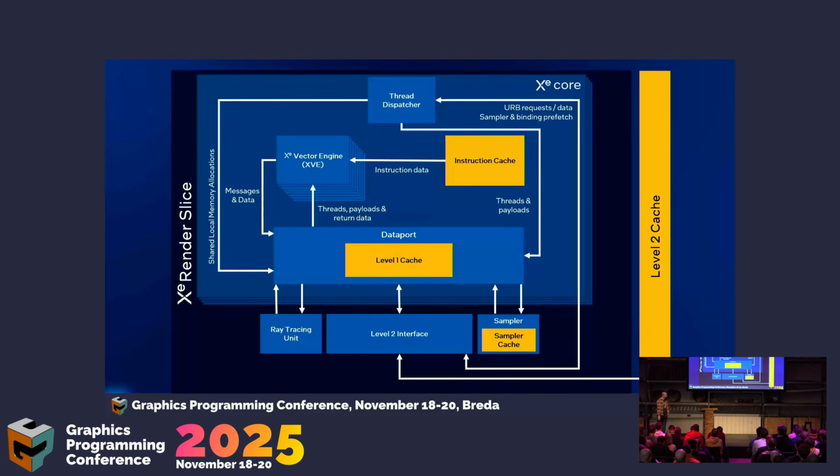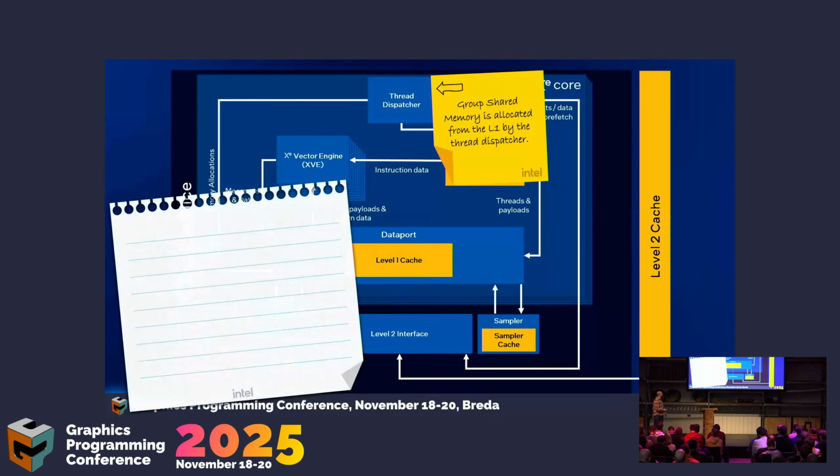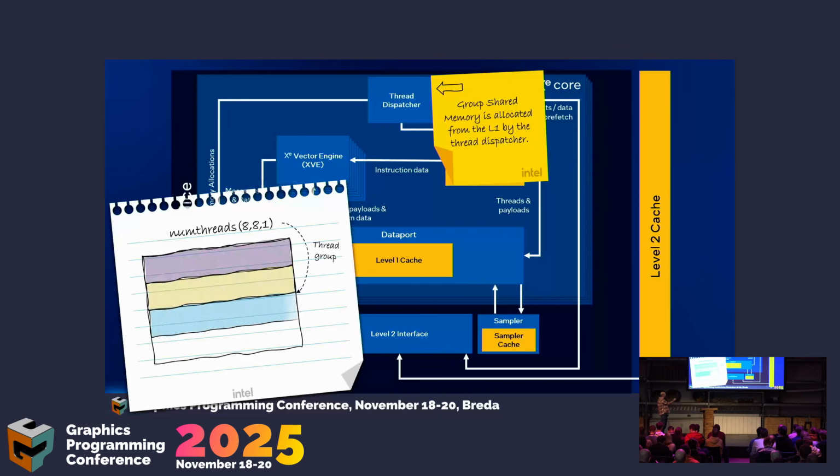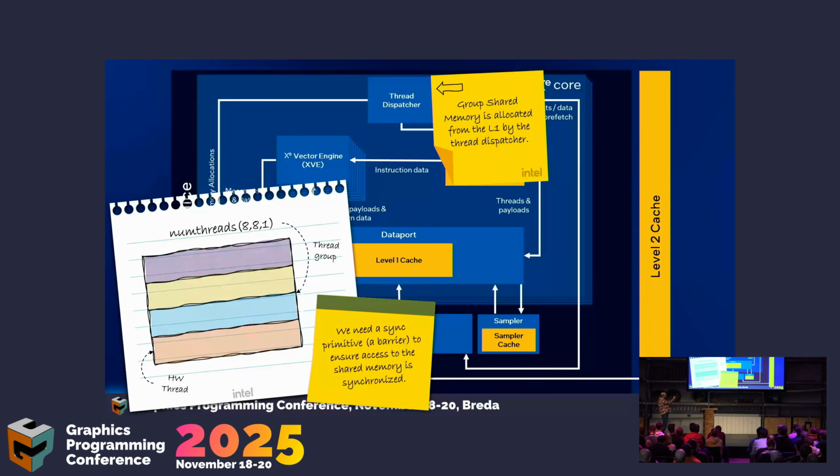Barriers next. Again, XE core, we've got our thread dispatcher up top here. When we use constructs like group shared memory, so this is your memory that you're sharing between a thread group. If you just have a crude diagram of a thread group here, this is like num threads 8, 8, 1. This is a thread group, and then these would be our hardware threads in here.